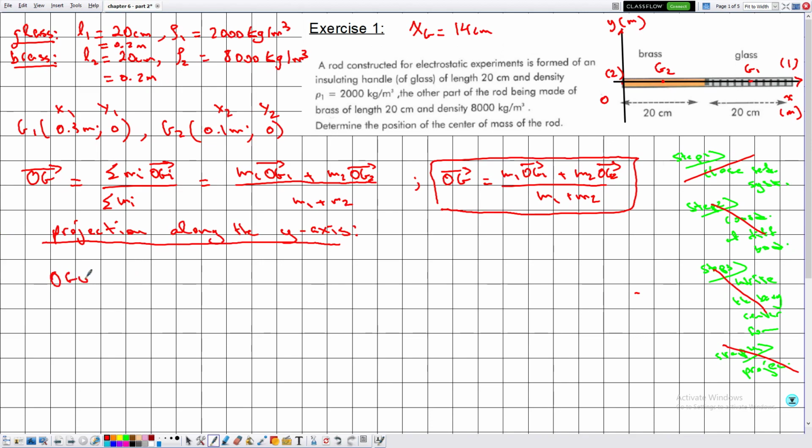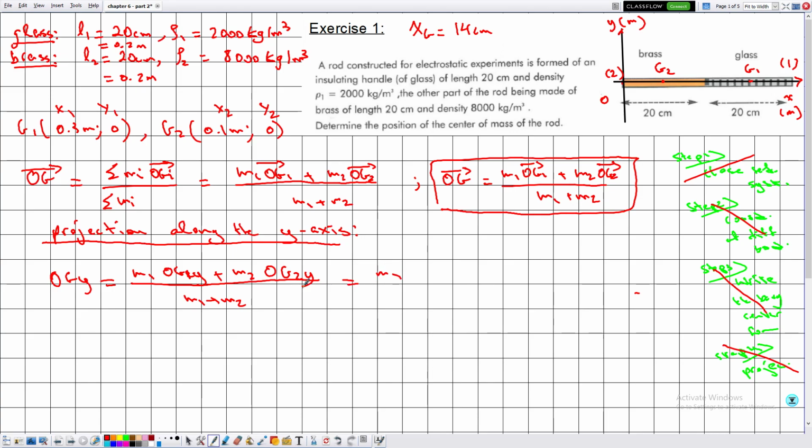So OGy is equal to M1 OG1y plus M2 OG2y divided by M1 plus M2.